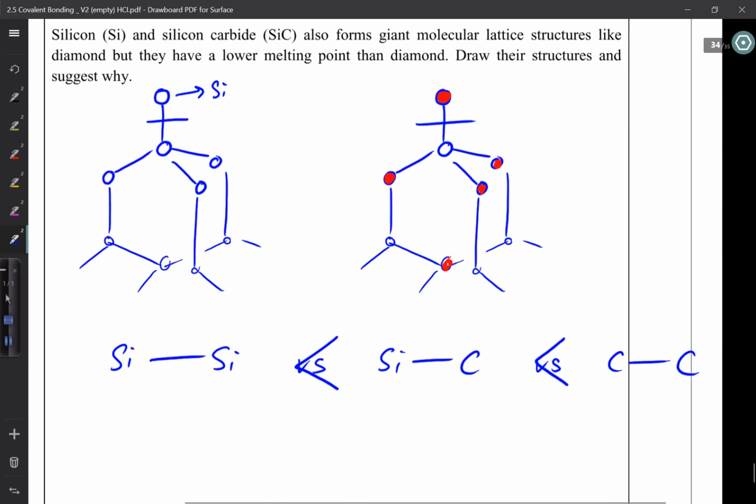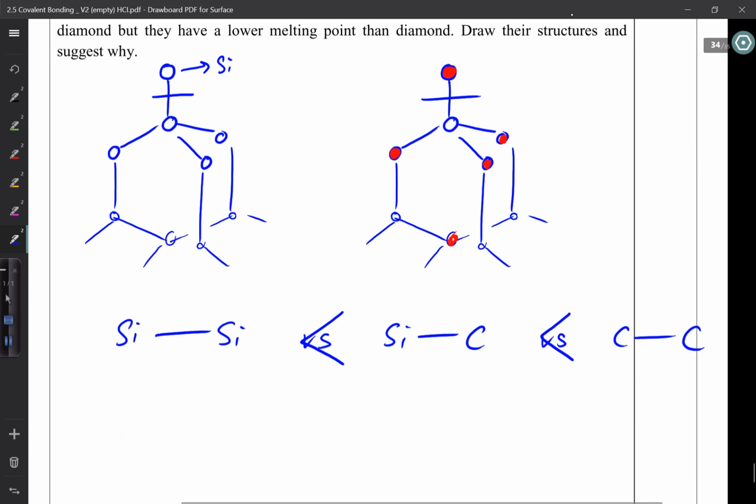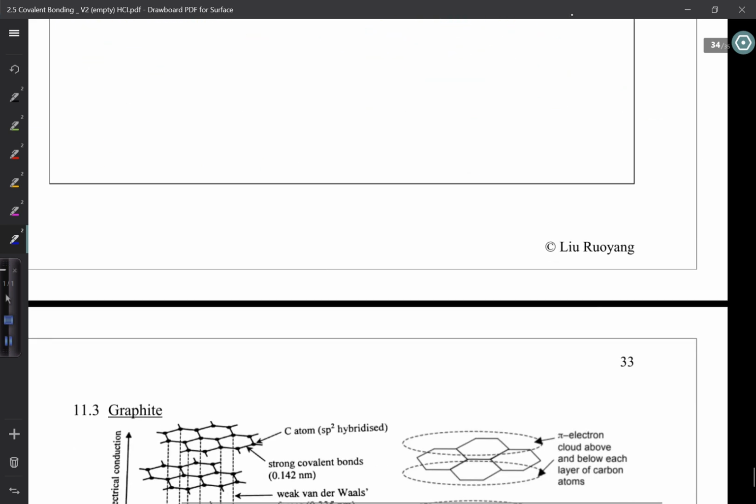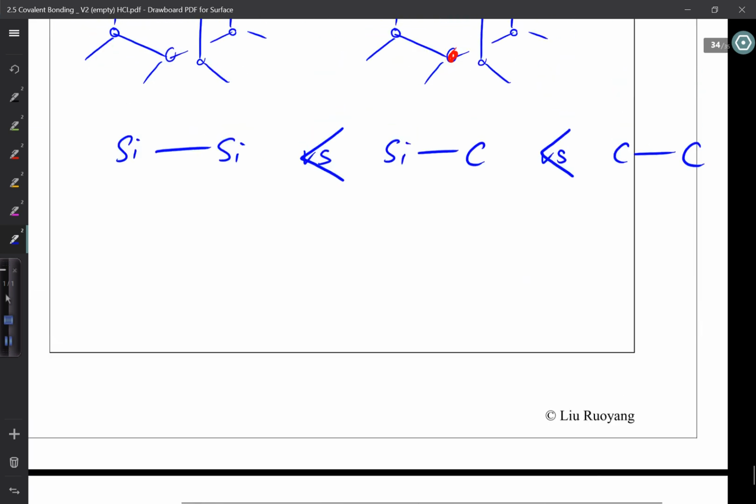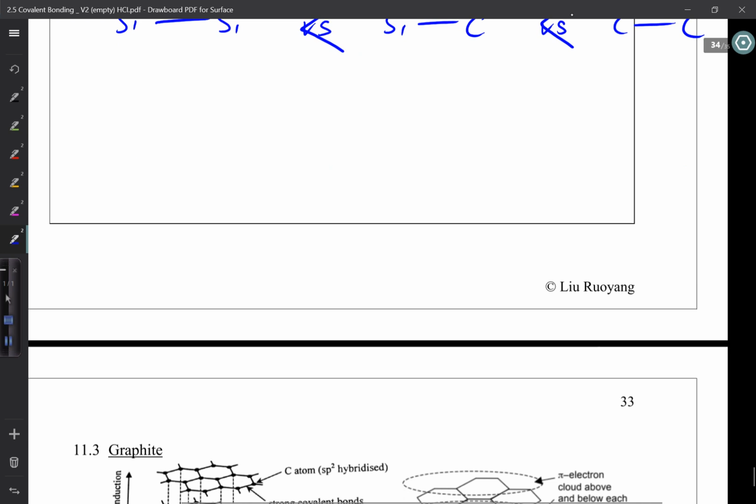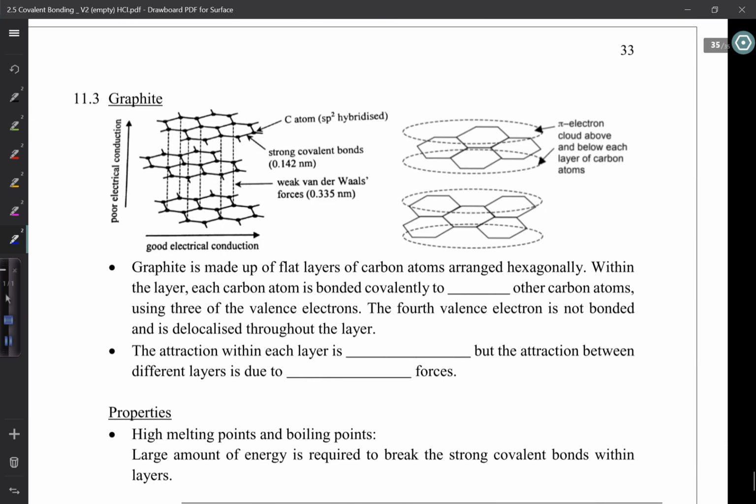It's all on that page. So not that difficult, right, actually. You are just basically making use of bond energy.